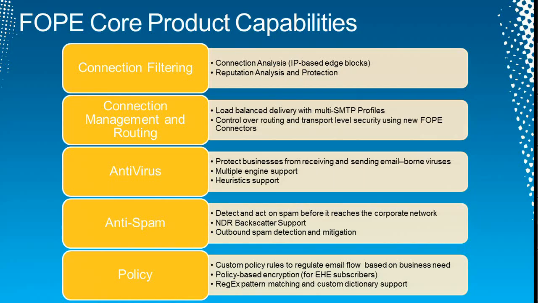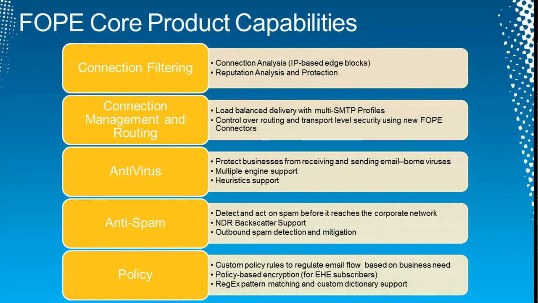So a quick overview, at a high level, of the core capabilities of FOPI. Right at the start, the connection filtering. We analyze connections. We're all about IP lists and reputation, and what do we trust, what do we not trust, and we use that as part of our spam filtering. Second up, connection management and routing.